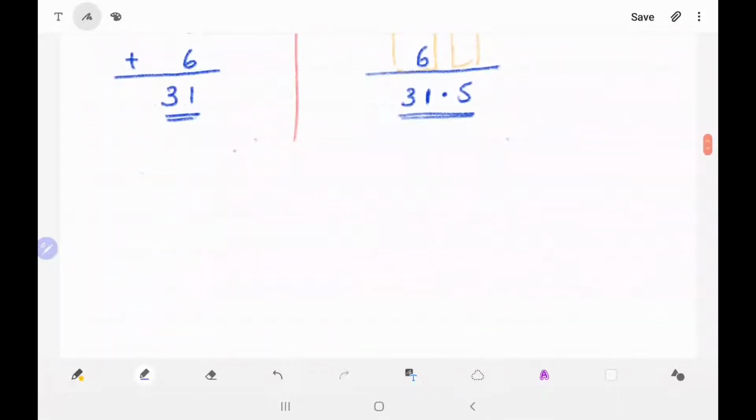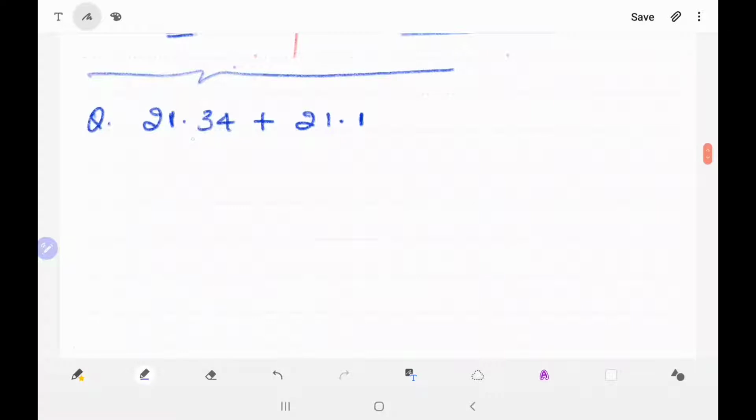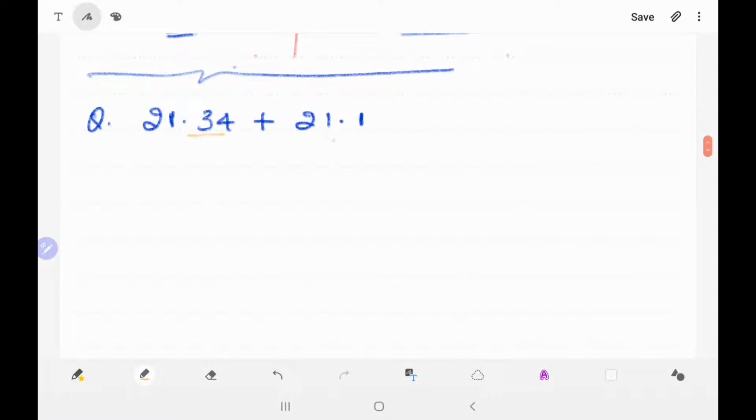Okay, Josie, fairly straightforward. So more examples. Question: if we have 21.34 plus 21.1, now both of them have got decimal points. Is that right, Josie? So they both have decimal points.